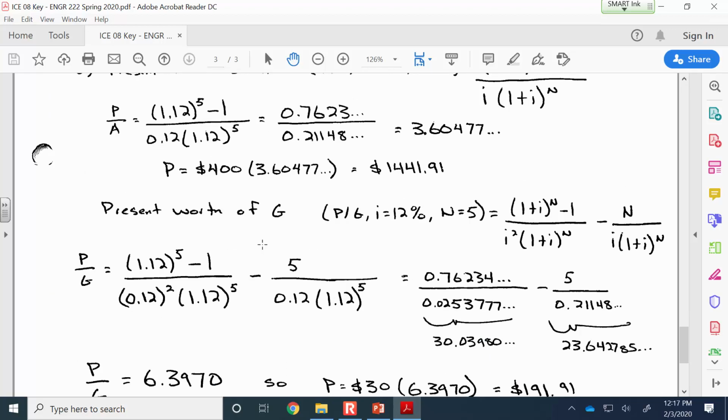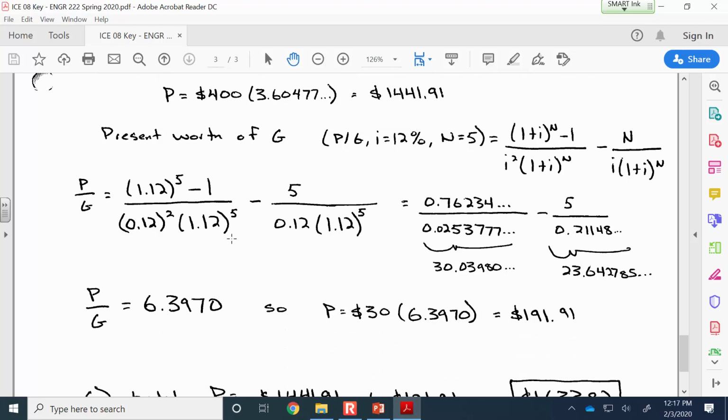So that's the first component of the cash flow diagram, that constant 400 that appeared in each of the years. Now the next part of it is the gradient component, and you can see I go through the steps of calculating the ratio for the gradient, and this formula is even more complicated, so I feel like it's a good process to calculate these steps separately and write down the intermediate steps. And so you get the ratio, the P to G ratio is 6.397.